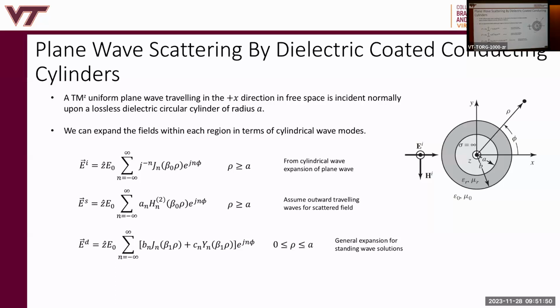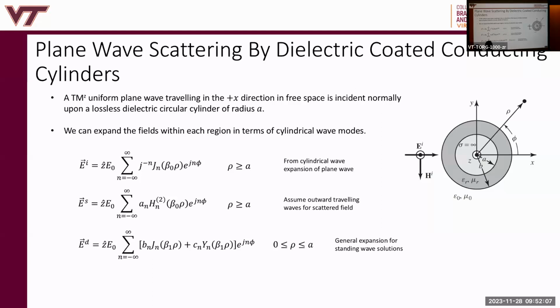Okay, so we have now a TM to Z plane wave incident, meaning the magnetic field is transverse to the Z direction, meaning that it's in the plane, and the electric field is in and out of the board now in the Z direction.